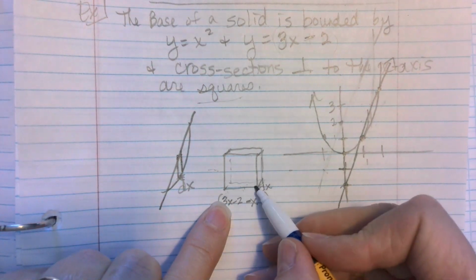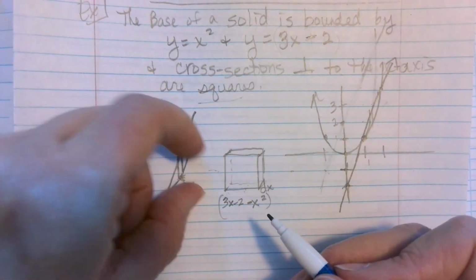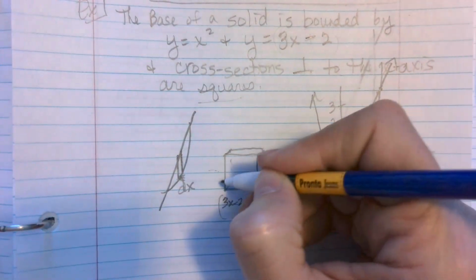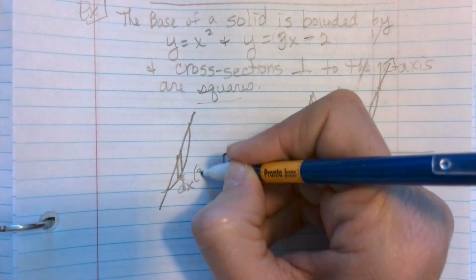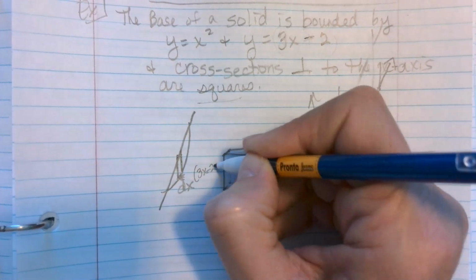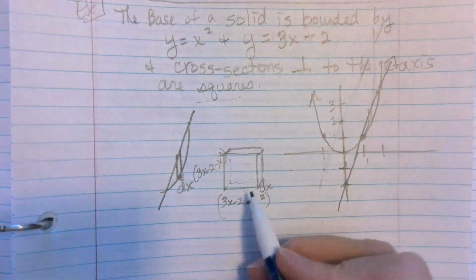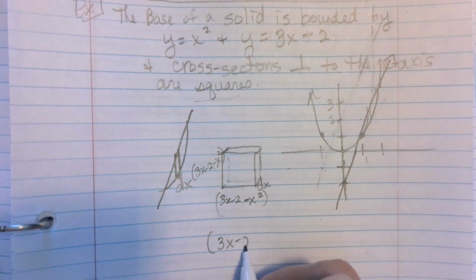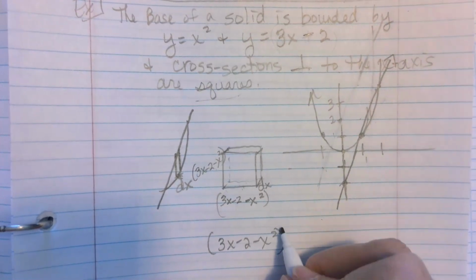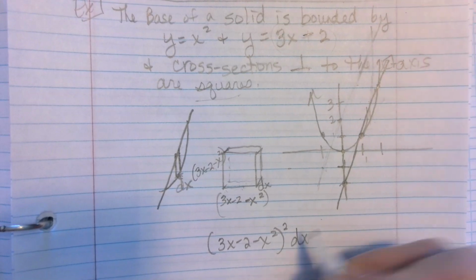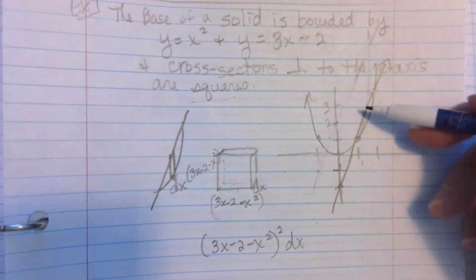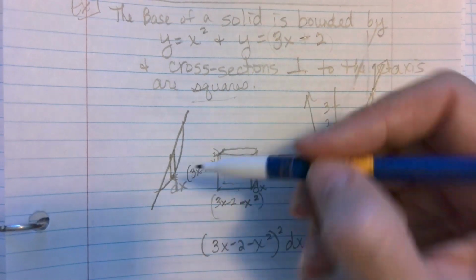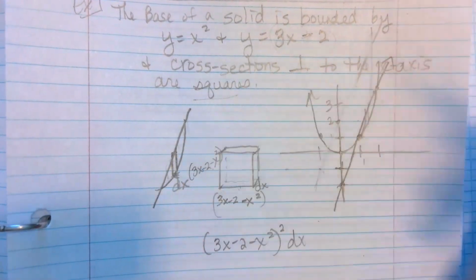That is the length from here to here, pretending I just stretched it and turned it over there. And since it's a square, this is the same, 3x minus 2 minus x squared. And so the area of that one little prism is the quantity 3x minus 2 minus x squared, squared, dx. But the whole idea of a definite integral is summing up all of these infinite little bitty things.